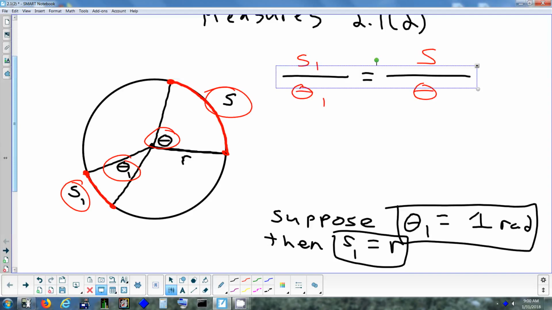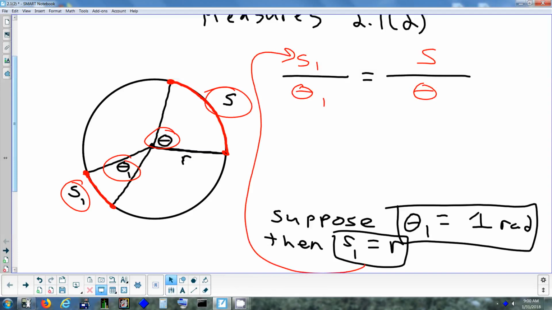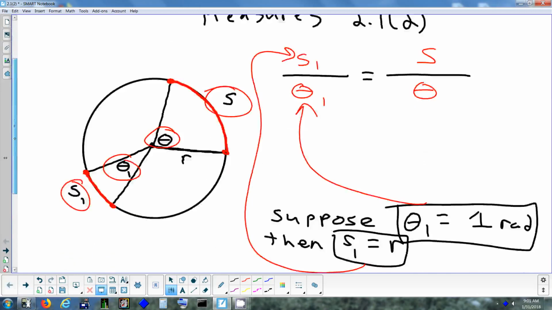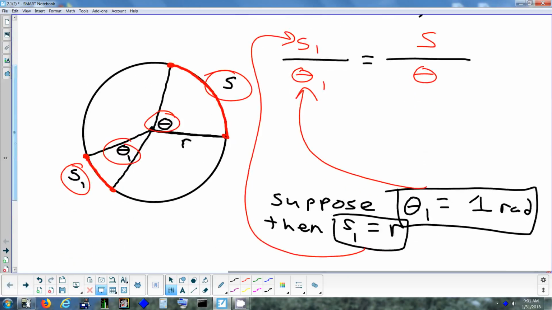And now in that proportion, we're going to fill in a couple facts. We're going to let S1 equal R, and we're going to let theta 1 equal 1. And that's going to give me my left-hand side, which is the starting point, to figure out anything else you want to know. So let's fill that in.